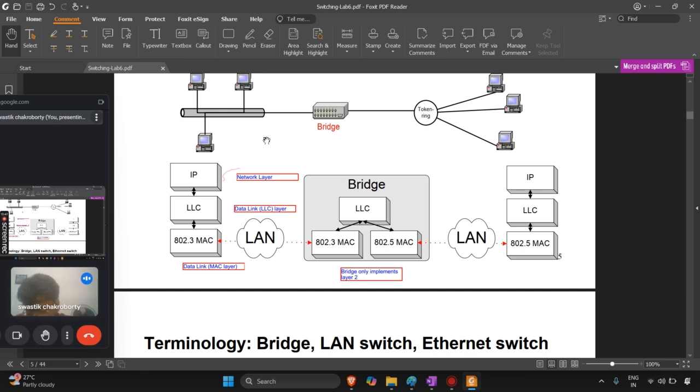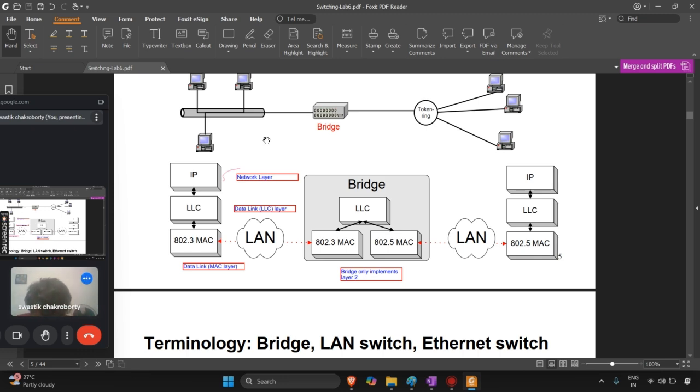You cannot access any device that is not in the 802.3 LAN. Whereas via bridge, one part of the bridge is in the 802.3 LAN network, and another part of the bridge is in the 802.5 LAN network. So it has both.